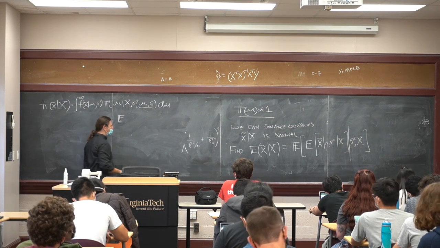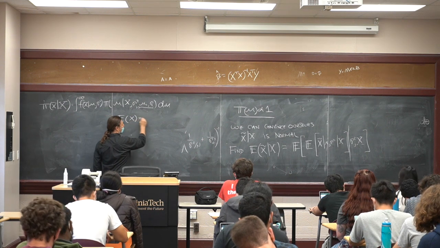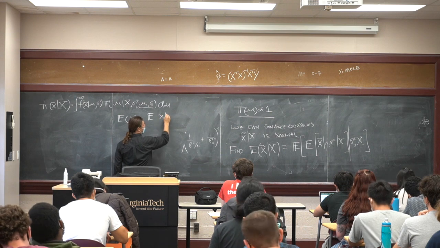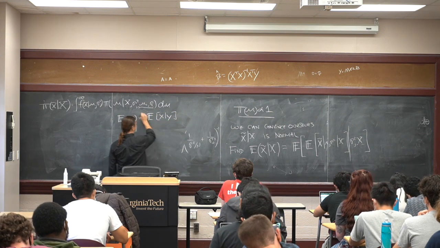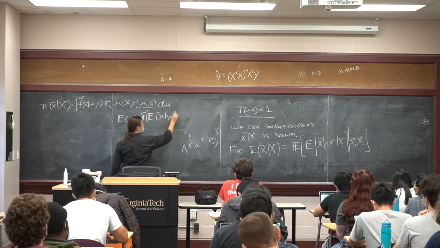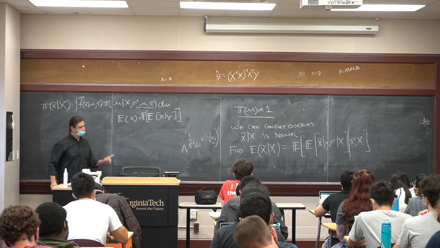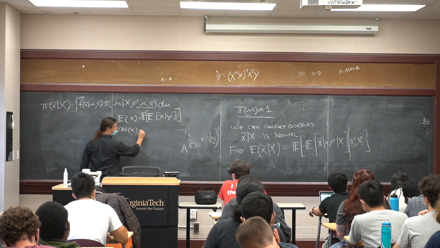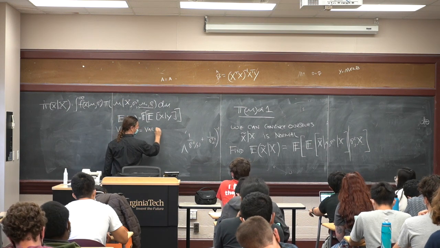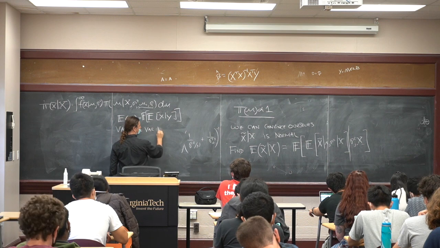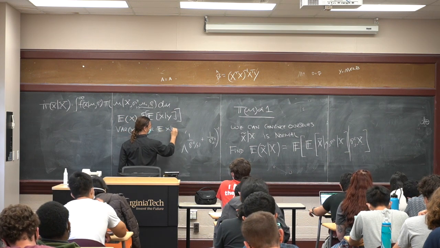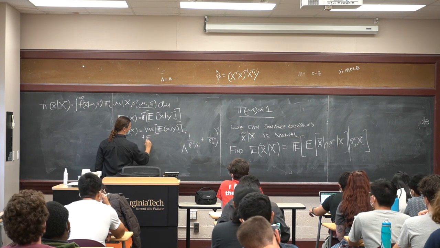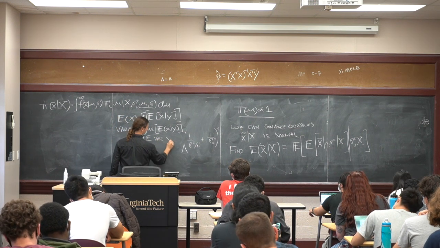Expectation of a random variable x is equal to expectation of the expectation of x given y. Variance of a random variable x is equal to the variance of the expectation of x given y plus the expectation of the variance of x given y.